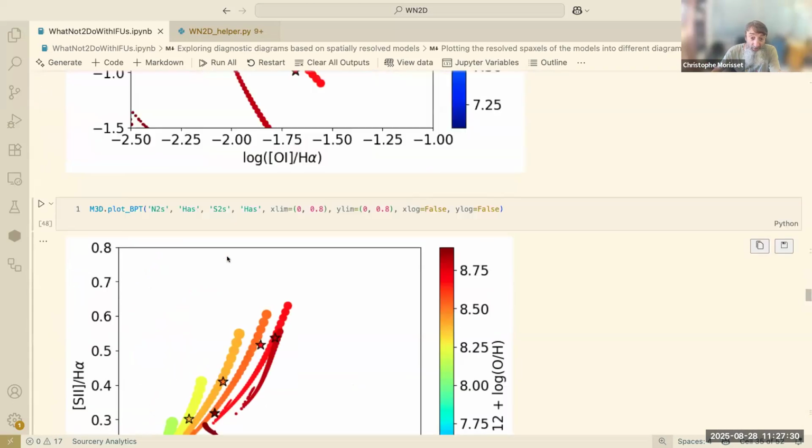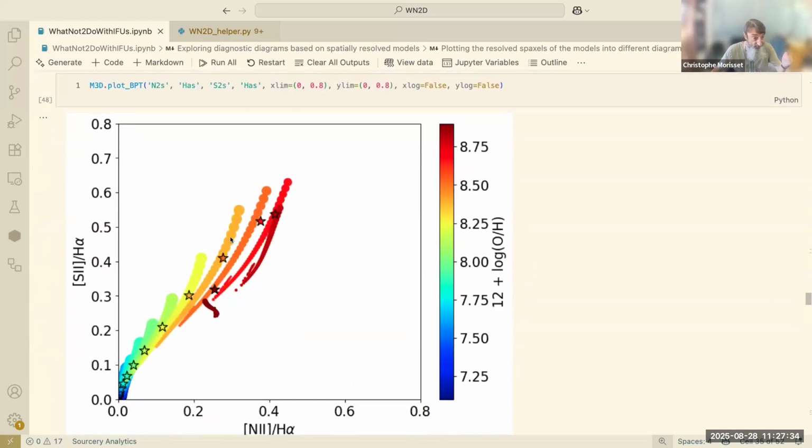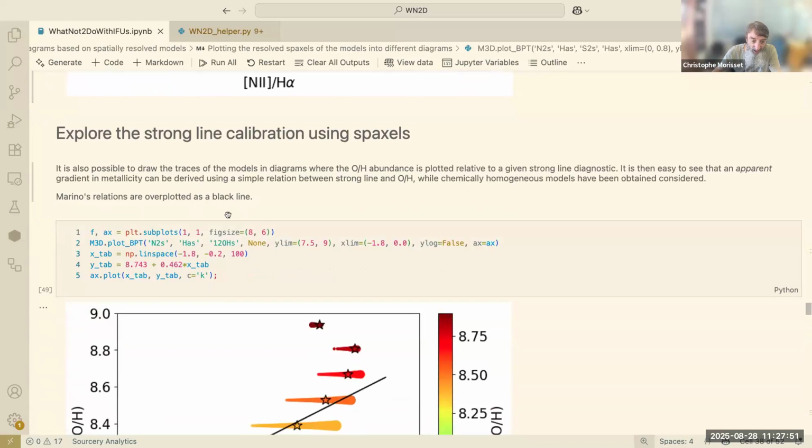People are using these strong lines when you don't have the direct method, which I showed you a few minutes ago is working fine. If you don't have temperature diagnostics, you can still determine abundances using these strong lines. And this is what I do here.